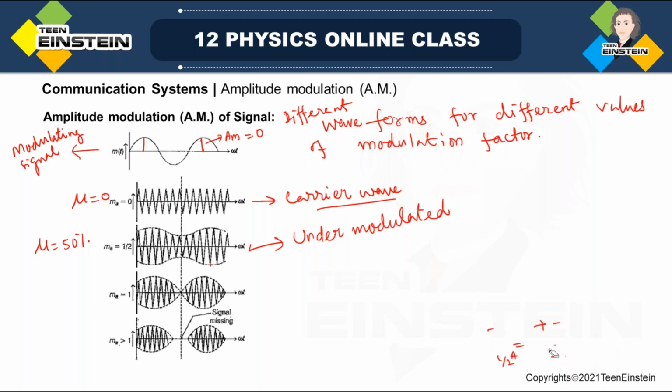We can write it just beside. So here A max is equal to 3 times A min. This is A max, and this particular value is minimum, A min. This kind of waveform is called under modulated.